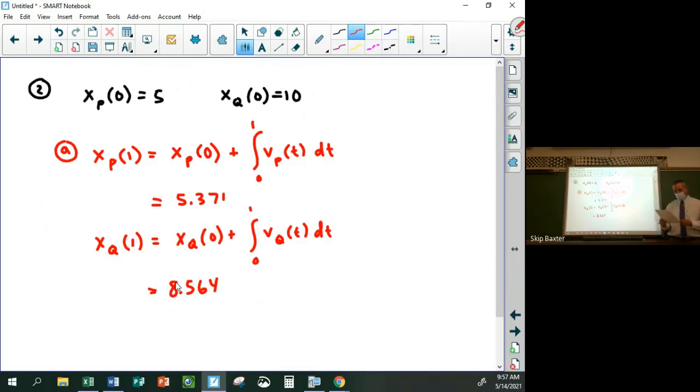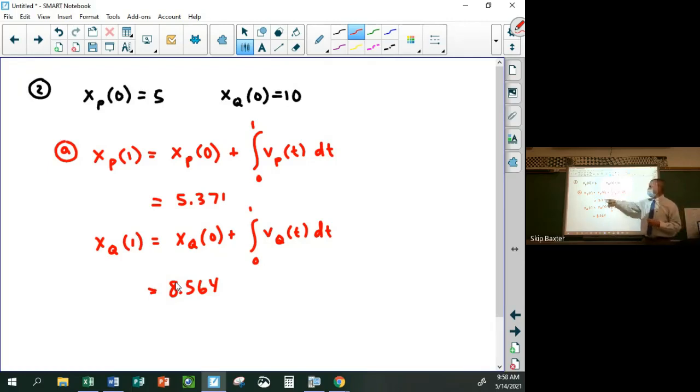Okay. Part B, it says, are particles P and Q moving toward each other or away from each other at time t equals 1? How could you answer that? And then, how would you know if they're moving toward each other, for example? If you calculate the values of the velocities. What's going to tell you that they're moving toward each other? Well, not necessarily even opposite signs.